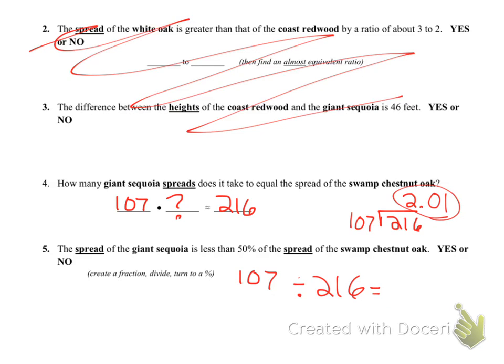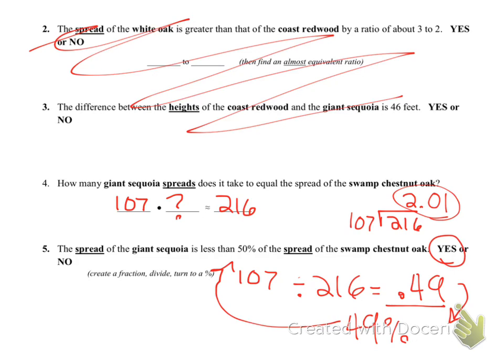And we should get a decimal. What decimal do we get? Go ahead and punch that into your calculator. We get 0.49, which if we make that into a percent is about 49%, which is about 50%, just a little bit less. So the answer is yes. It is less than 50% of the spread, technically.